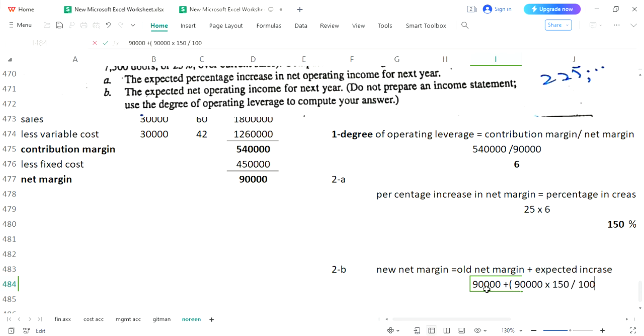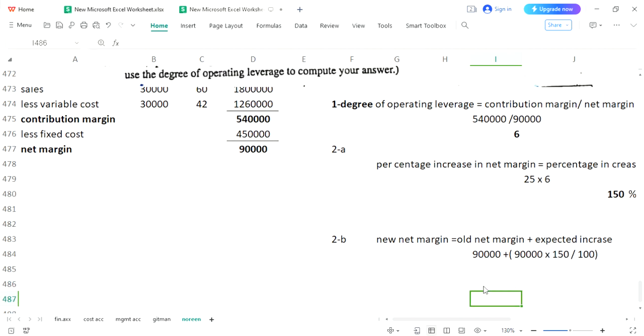This is the 150% you are calculating. Now here I will stop my working and please understand what we are doing. The new net margin needs to be calculated. For that, what was the old margin? And then you will see the expected increase. We have used this tool. 150% was calculated with the help of this degree of operating leverage. 25% is the increase in the number of units sold. So the question is, if you increase the number of units sold by 25%, what will be the impact upon net margin? For that, the old margin is written over here.